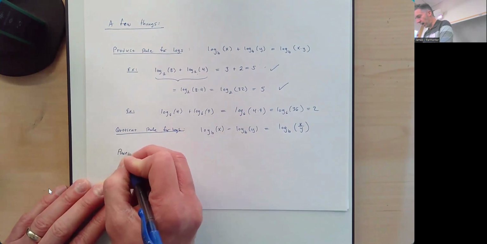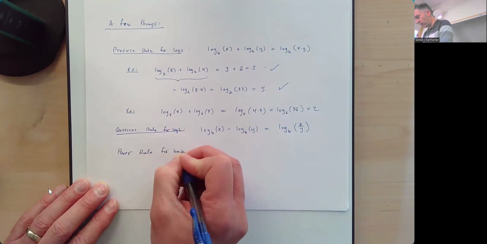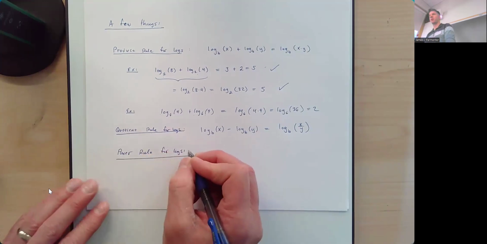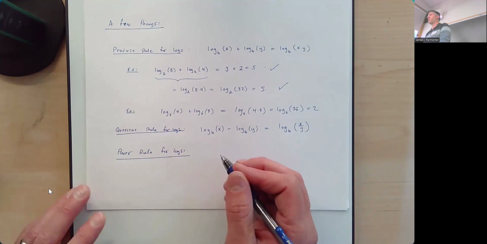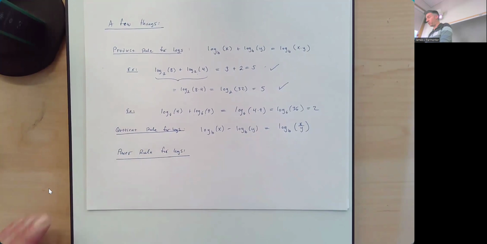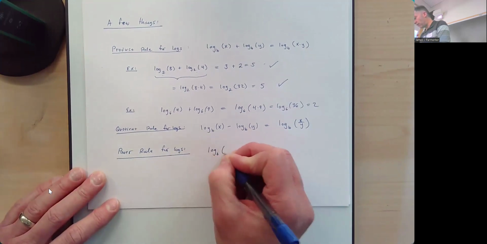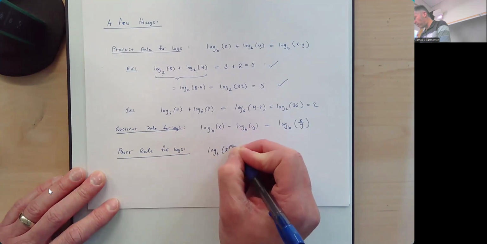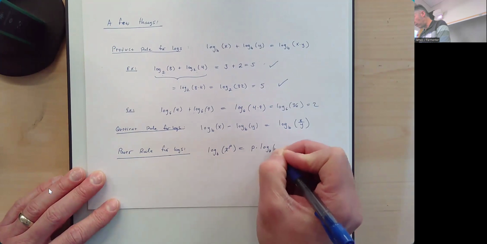And then there's also a power rule for logarithms. Of all three of these rules, although you've probably seen or used all of them at one point, the one I would imagine you're probably the most familiar with or have used the most is this one, where if you have log base b of x to some power, it's equal to that power times log base b of x.